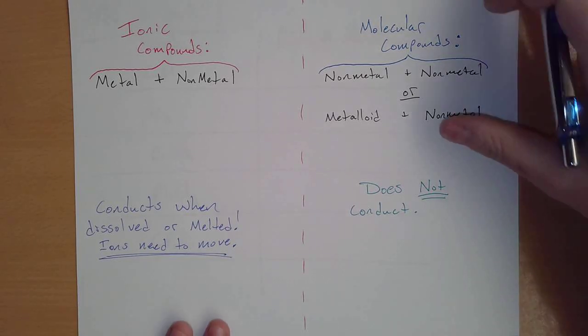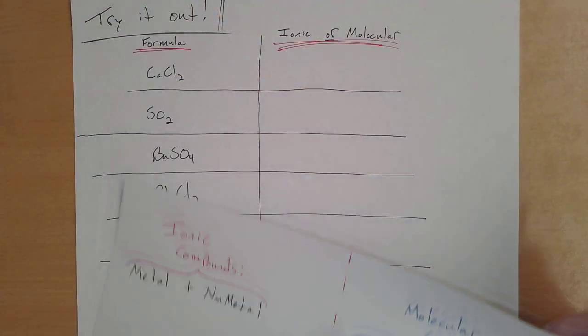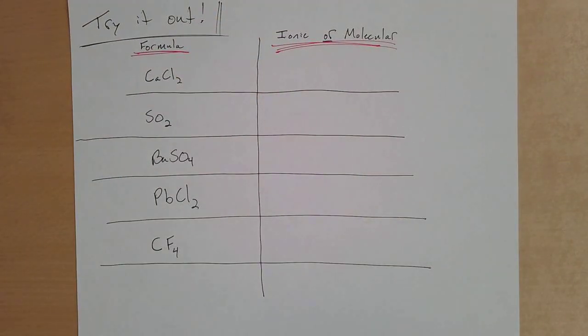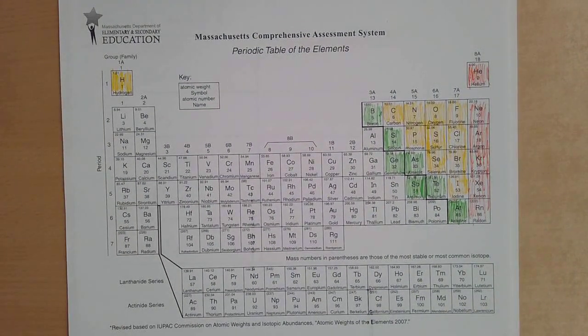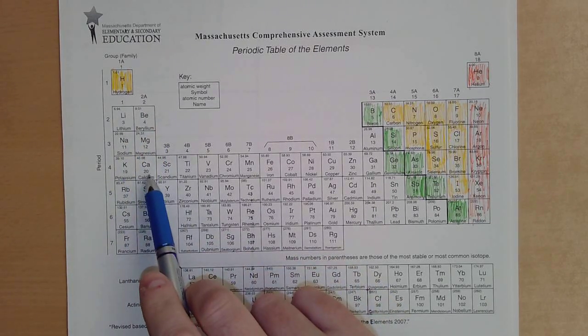Okay. Now let's try identifying a few of these. Can we identify if something is or is not ionic? So have your periodic table and let's go through this. So we have CaCl2. So I'm going to go back here. I need to find Ca and Cl2. Ca is a white one.